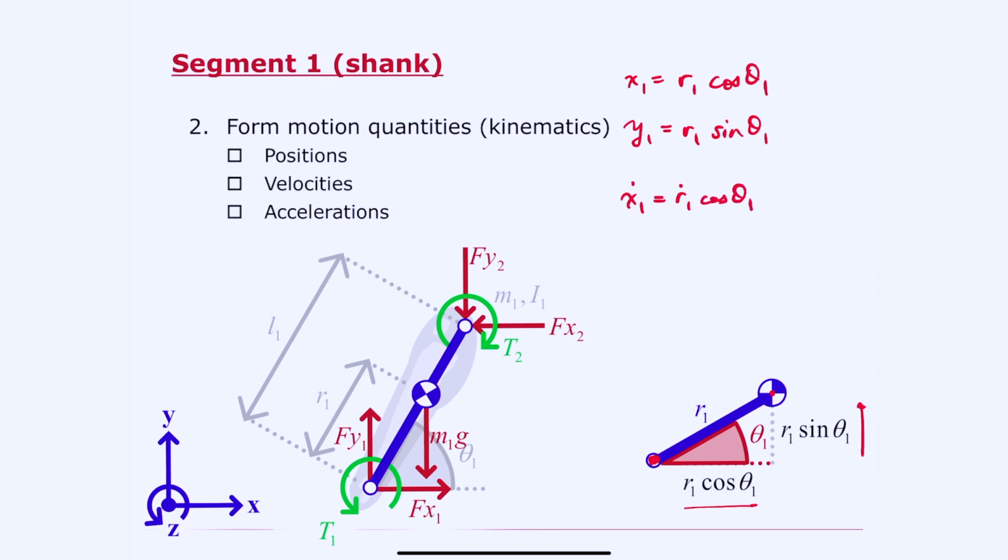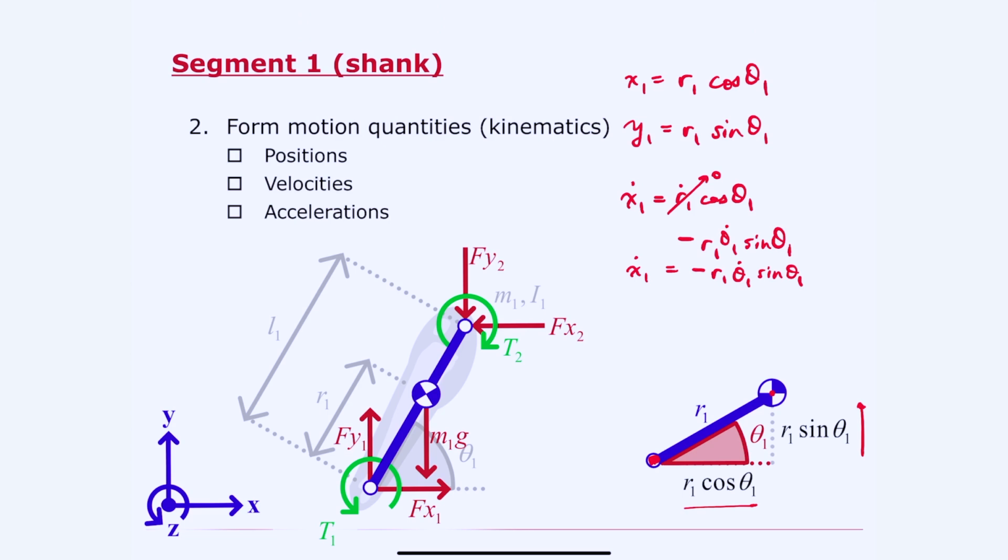Derivative of sine is cosine, derivative of cosine is negative sine, so we have minus r1 sine θ1 times θ1 dot. We know that the shank body segment is not changing length. In other words, r1 is a constant, so r1 dot is 0. That means x1 dot is simply negative r1 θ1 dot times sine of θ1.